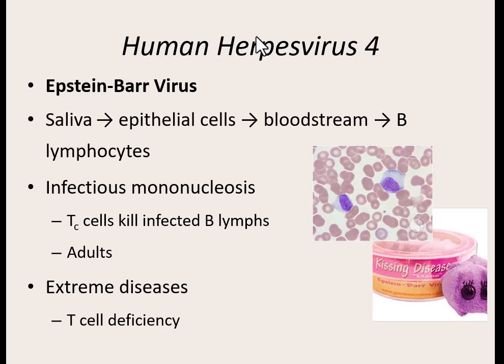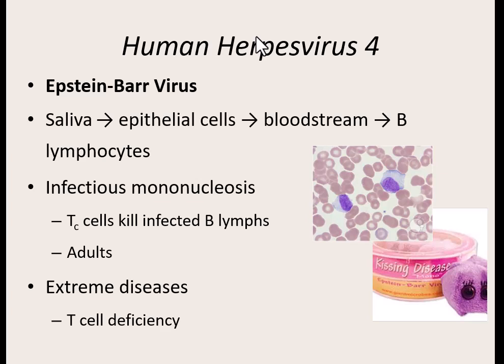So your immune system, the thing that's supposed to go out and fight all these things, is now infected with the virus. And so your cytotoxic T cells, their job is to recognize intracellular viruses. Their job is to see that the B cells are under attack and start to kill them. And so with infectious mononucleosis, or mono, you have T cells killing B cells.